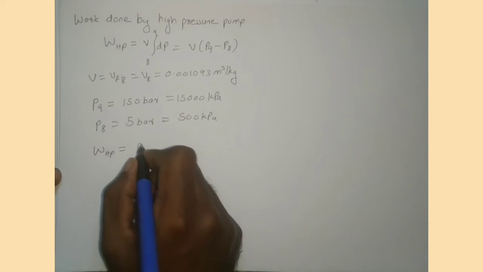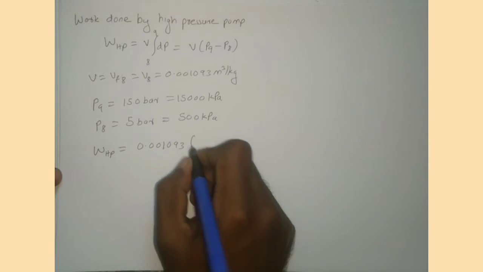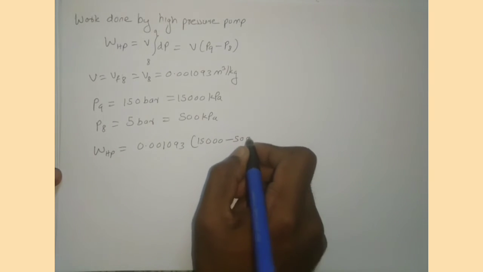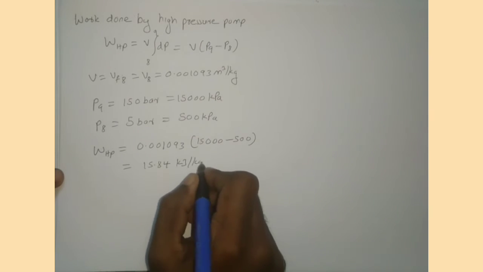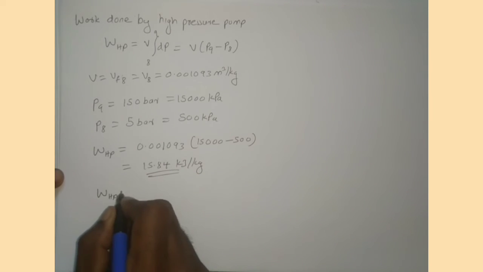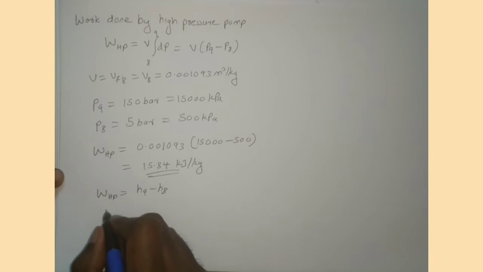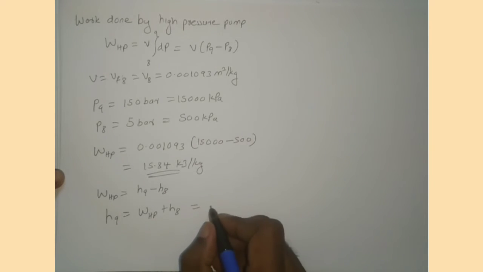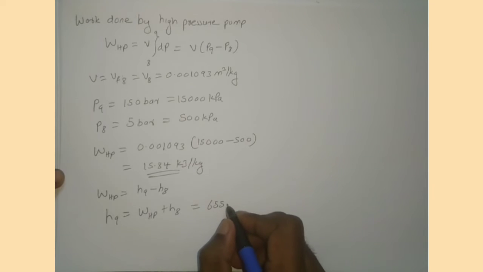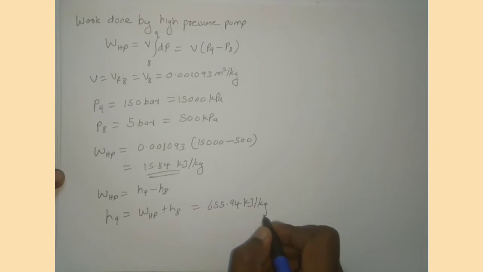And after substituting the values, we will get WHP as 15.84 kilojoule per kilogram. Also, WHP equals H9 minus H8, that is H9 equals WHP plus H8, that is 655.94 kilojoule per kilogram.